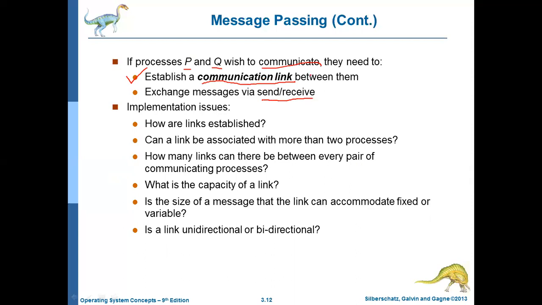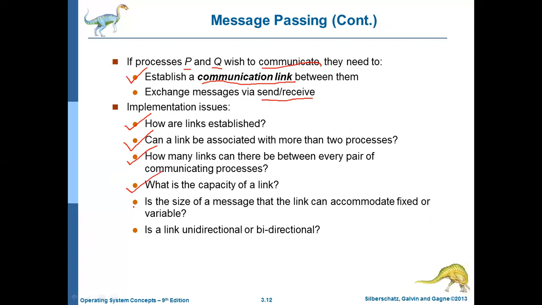Now, what are the issues that lie behind the implementation of the communication link? The first issue is how are we going to establish the links? The next is whether this link is only going to exist between two processes or is it going to be associated with other processes also. Another issue is how many links are going to exist between a pair of processes. What is the capacity of the link? How much data can it hold?